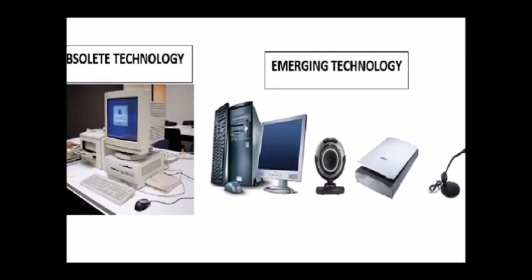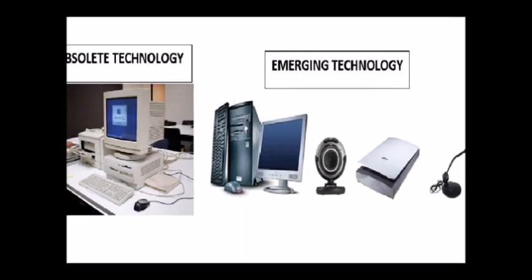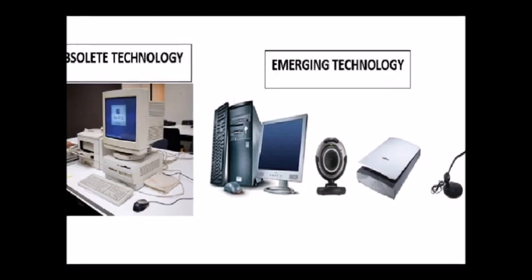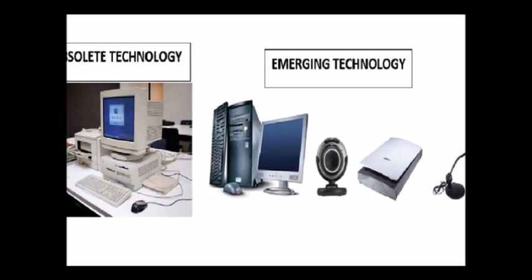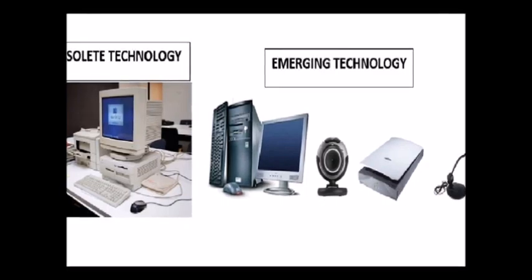There were wireless keyboards, wireless mouse, video cameras, scanners, and microphones. At this time, the video cameras, scanners, and microphones were not wireless. They had to be connected with a cord.